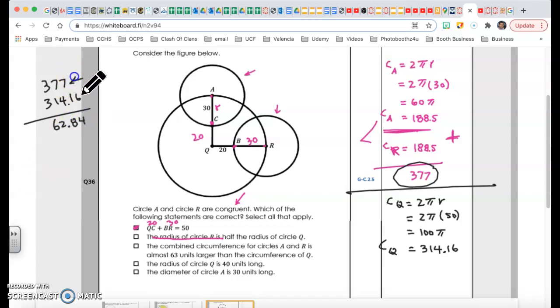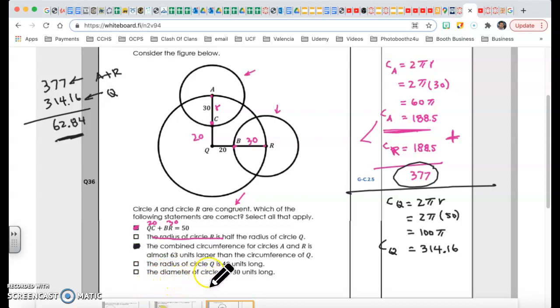This is the combined, and this is Q. And this is A plus R, right? The difference, the combined circumference is almost 63, that's right, it's 62.84. That's counted as almost.